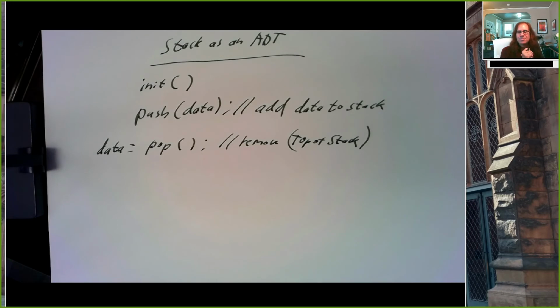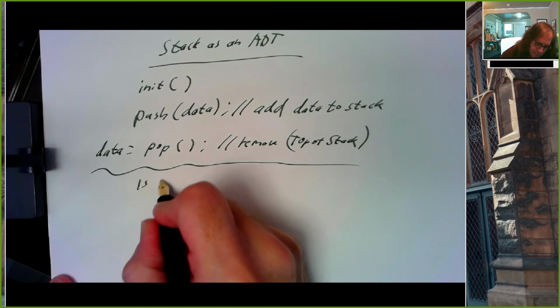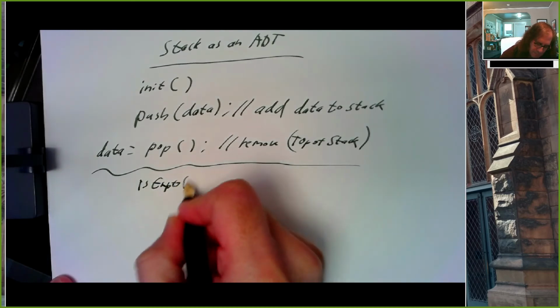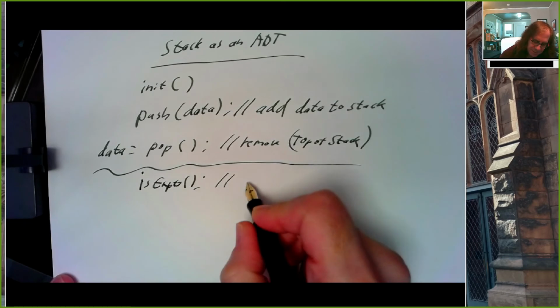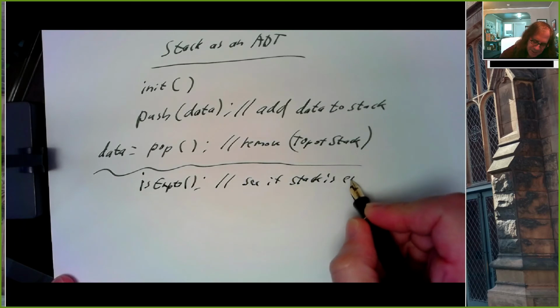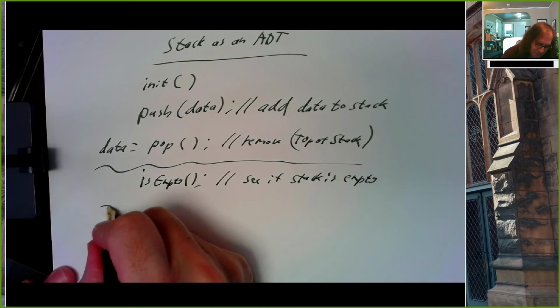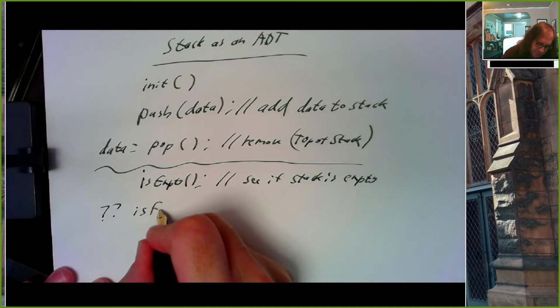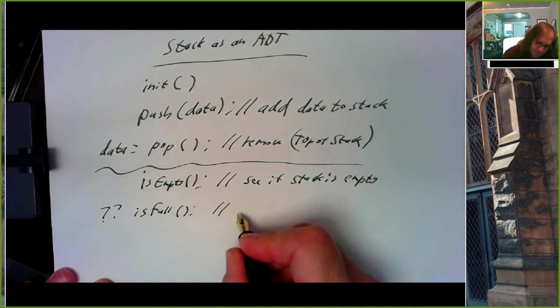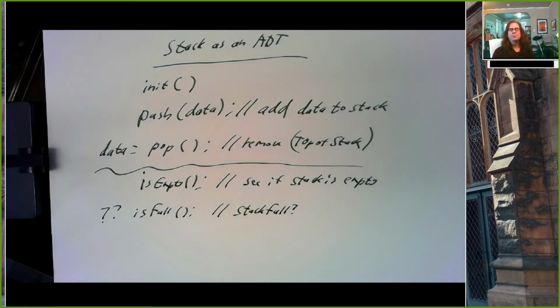And you might want some other niceties. You might want an isEmpty function, which tells you if the stack is empty. In other words, is there anything there that I can pop? And you may want an isFull, which says, is there any room left to push something?